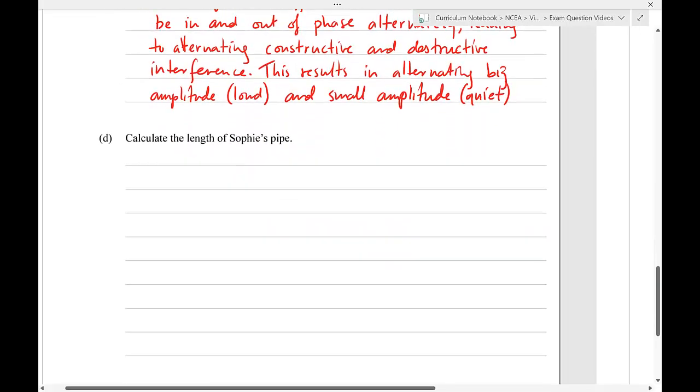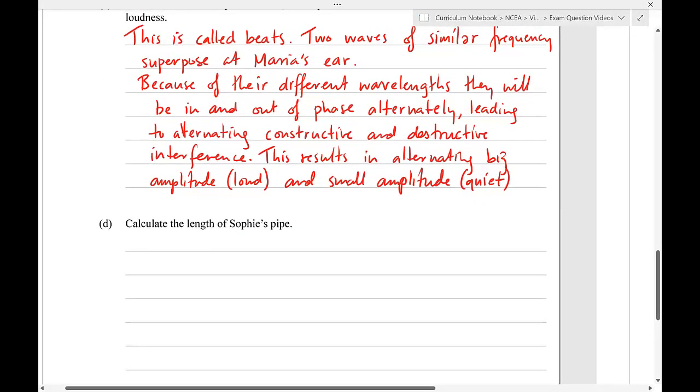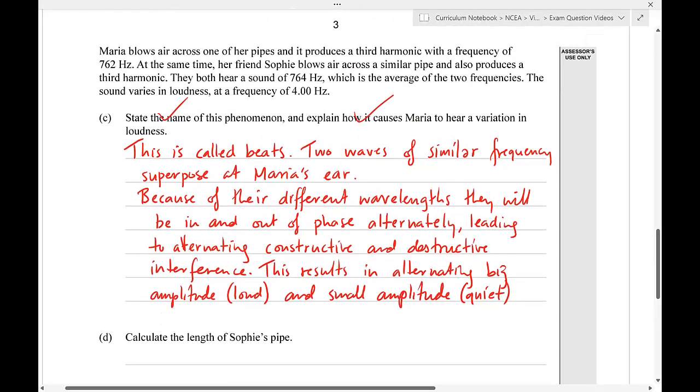Okay, calculate the length of Sophie's pipe. Okay, we have to dig up some information here. So we had two different frequencies. It's a third harmonic with a frequency of 762 in one pipe. And we have Sophie blowing across a similar pipe, also the third harmonic. And we don't know, this is a combined frequency.